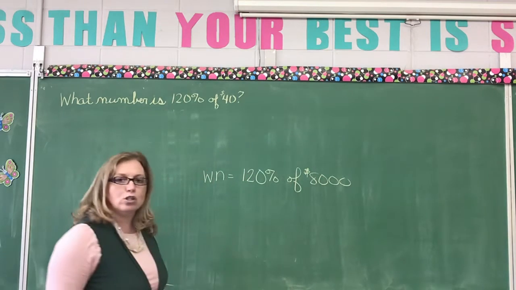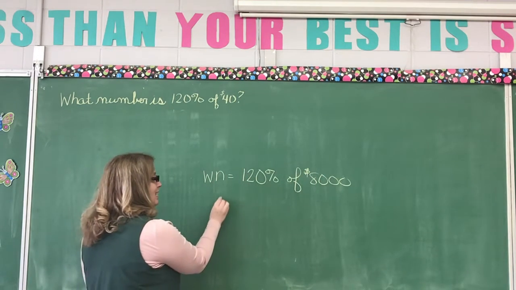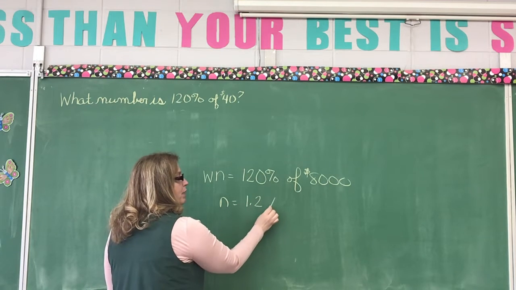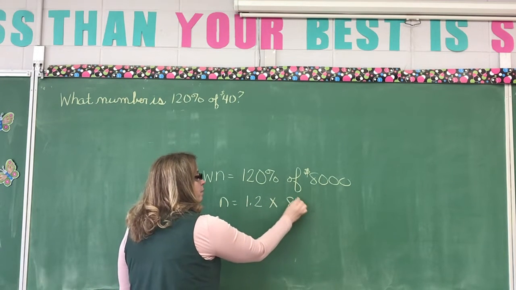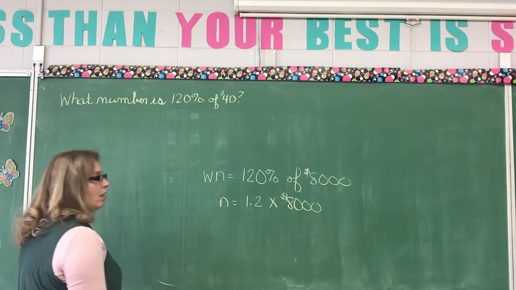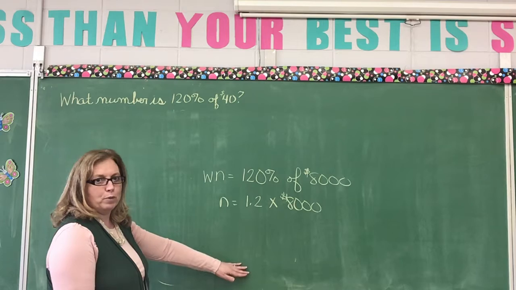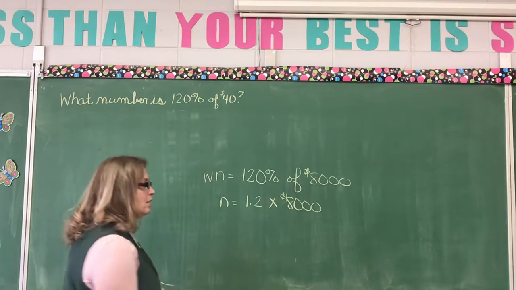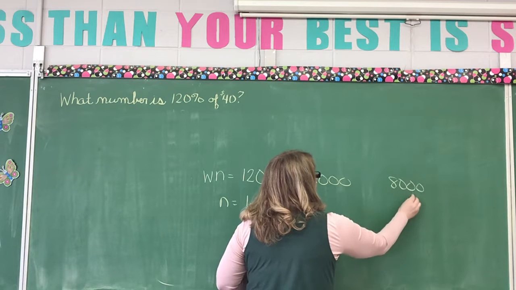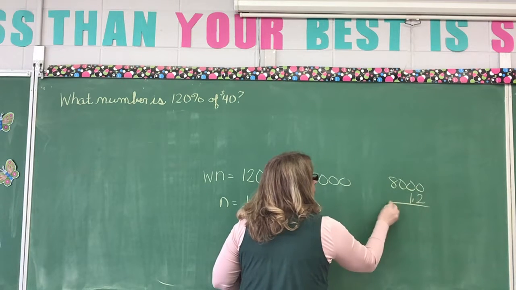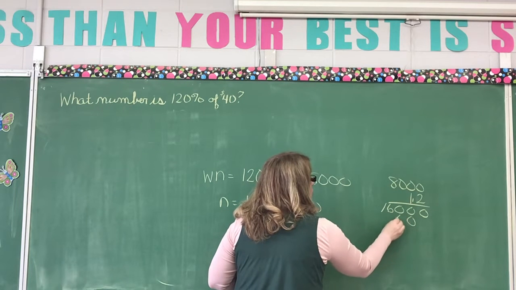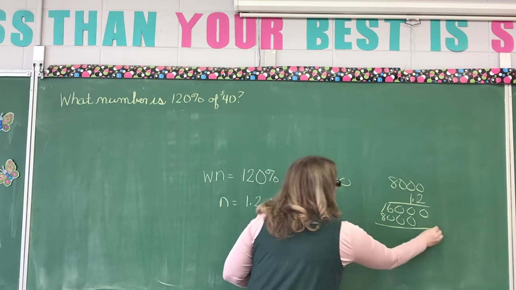Okay, how am I going to solve that? Change your percent to 1.2. The of becomes a multiplication, and you have 8,000. Okay, so now I've taught you, you don't do the multiplication there. You go to the side, and you say 8,000 times 1.2. 1, 2, 3, and a 16. 1, 2, 3, 8.